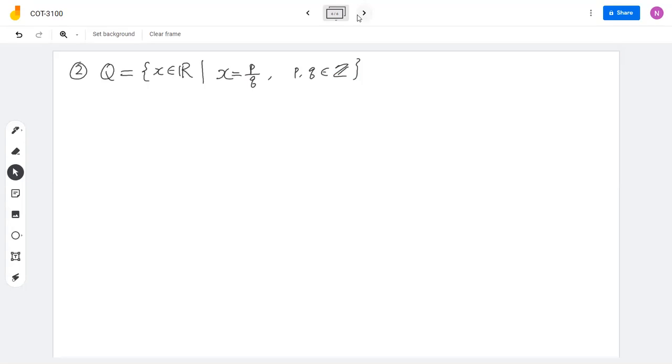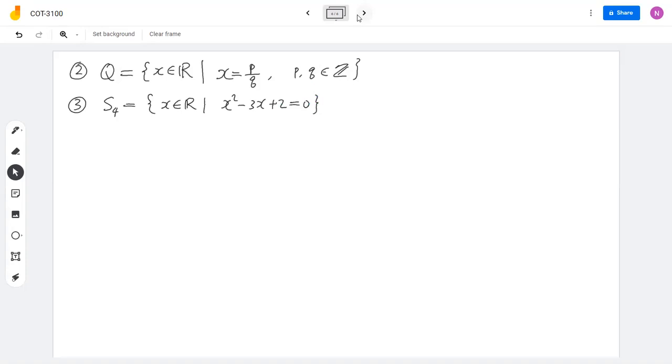And the third one is, so what is this set? x in R, x squared minus 3x plus 2 equals 0. So what does this set denote?